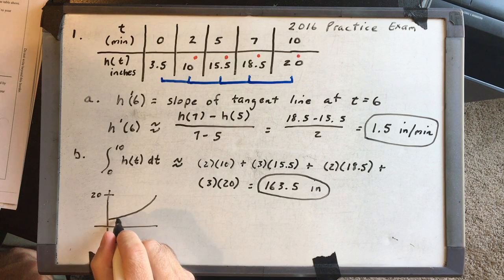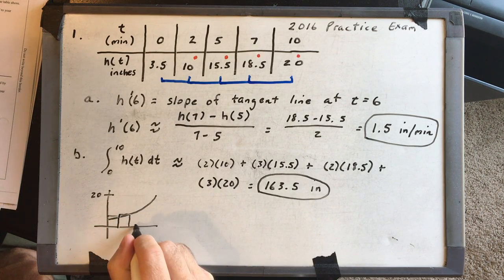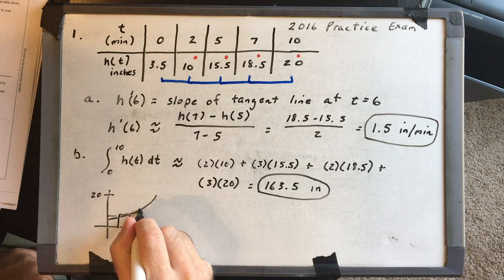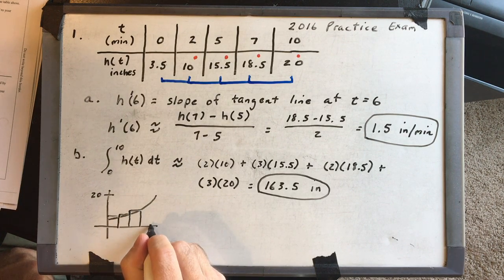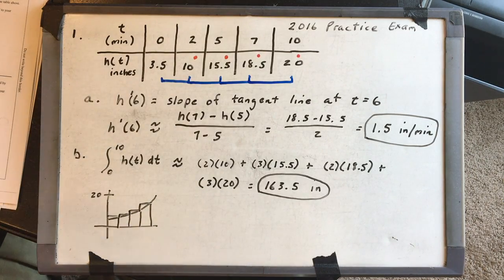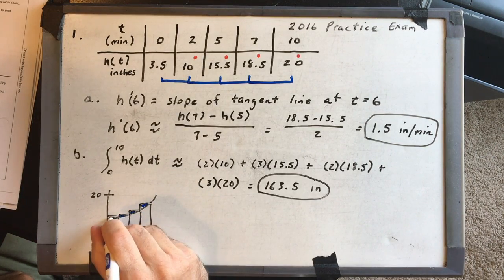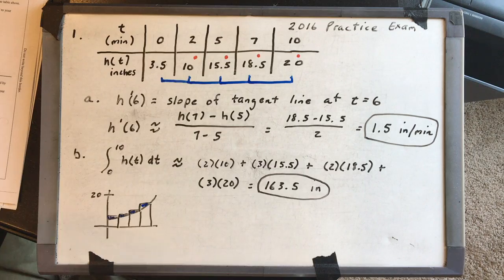A right Riemann sum is going to overestimate an increasing function. You've got this extra part that I'll put in blue here. This extra part, because you're using a right sum. If you were using a left sum, it would underestimate.